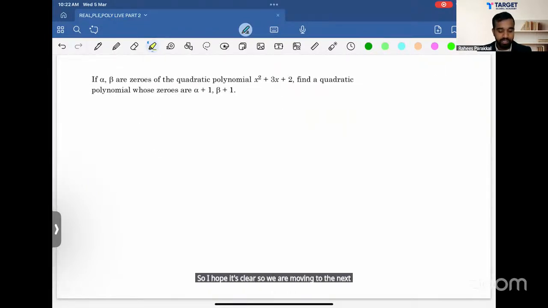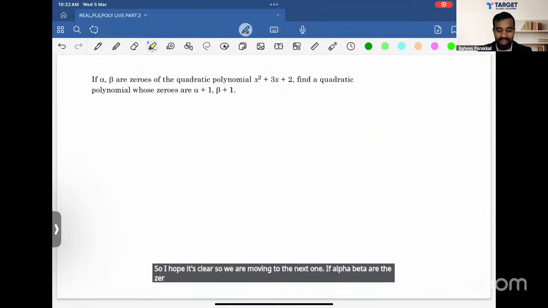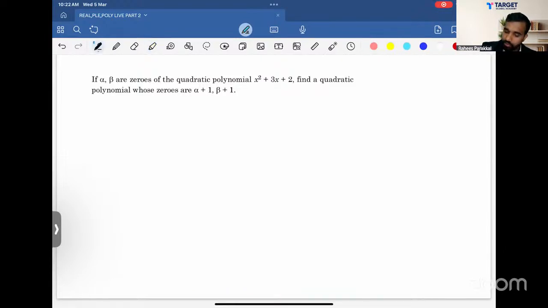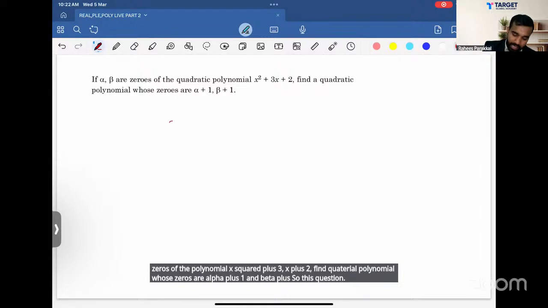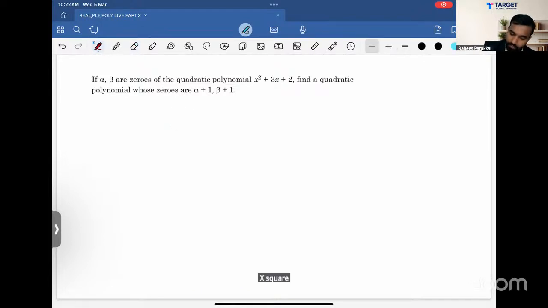If alpha, beta are the zeros of the polynomial x square plus 3x plus 2, find the quadratic polynomial whose zeros are alpha plus 1 and beta plus 1. So x square plus 3x plus 2 is our polynomial.